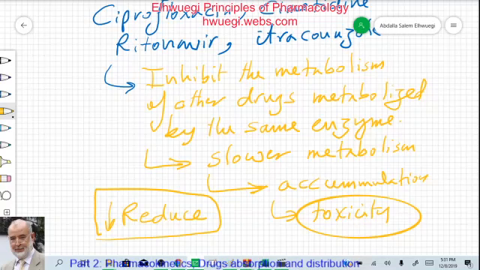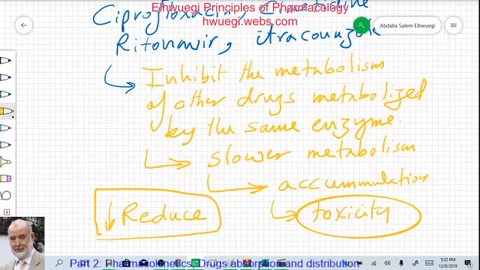So this is phase 1 metabolism. Phase 1 metabolism, we said, involves oxidation, reduction and hydrolysis. Hydrolysis mostly takes place in plasma by plasma esterases. Oxidation and reduction take place in the liver by liver microsomal enzymes.